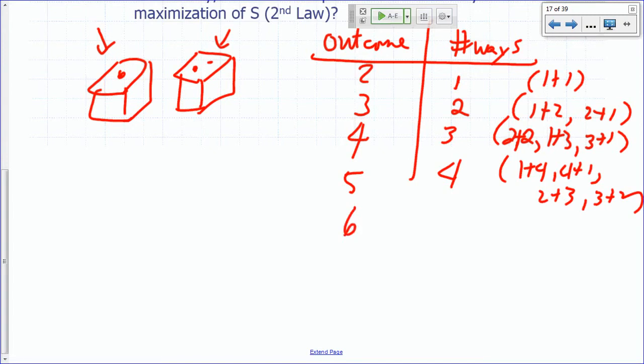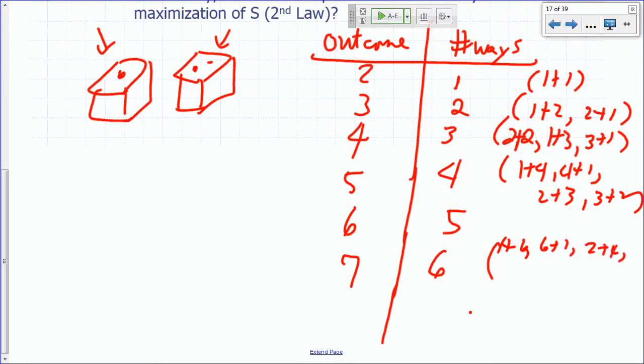How many ways can you come up with a 6? 5 ways. Okay. How many ways can you come up with a 7? 6 ways. What are those 6 ways? 1 plus 6, 6 plus 1, 2 plus 4, 4 plus 2, I forgot the 5. 2 plus 5, 5 plus 2, what else? 3 plus 4, 4 plus 3. So that's 6 ways, right?